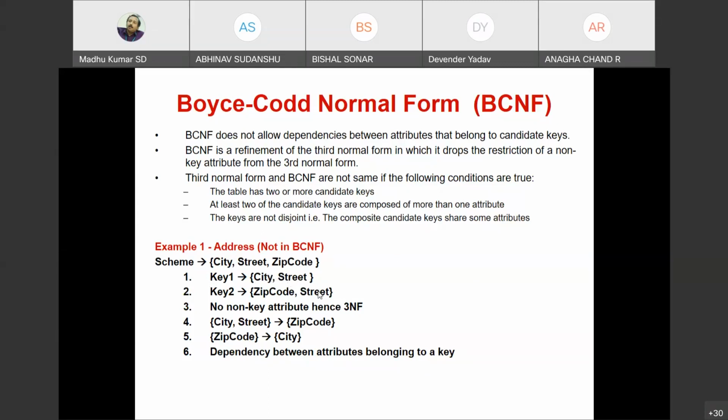We cannot say that there is any transitive dependency, so this is in third normal form. But you can see that there are two candidate keys and they are overlapping in nature, and both second normal form and third normal form conditions are applicable only for non-key attributes.